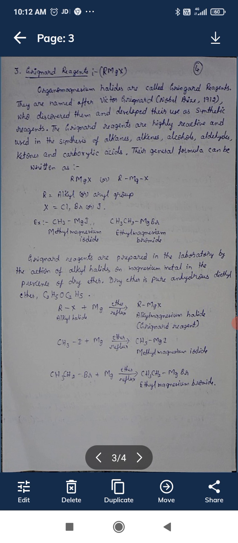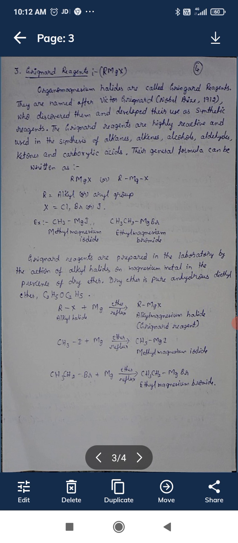Now the Grignard reagent, as I said earlier, is a very important organometallic compound. Organomagnesium halide is generally called a Grignard reagent. These are named after Victor Grignard, who won the Nobel Prize in 1912 for discovering them and developing their use as synthetic reagents.